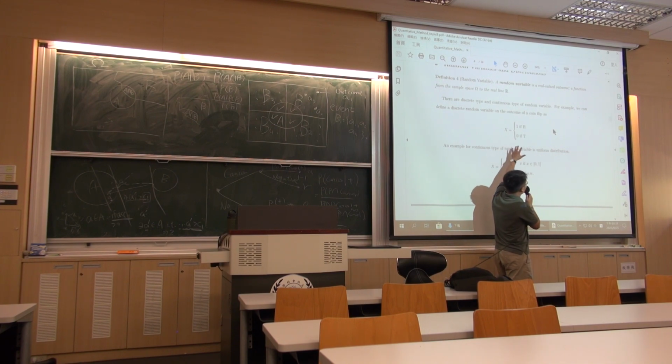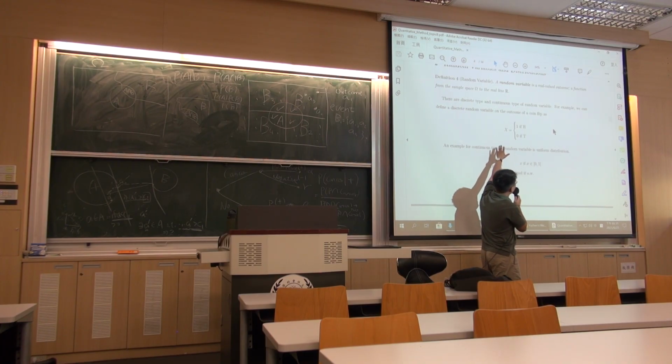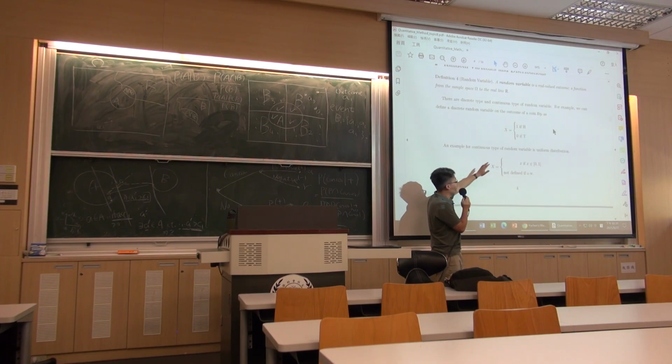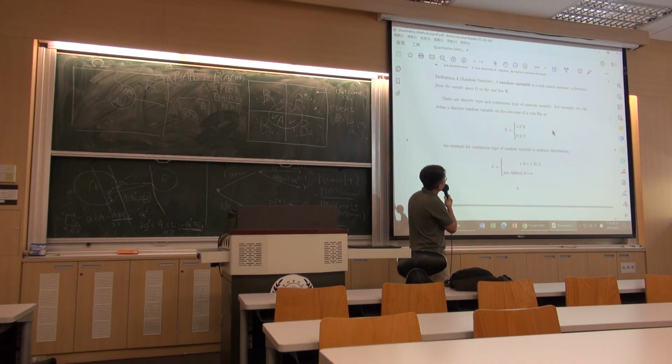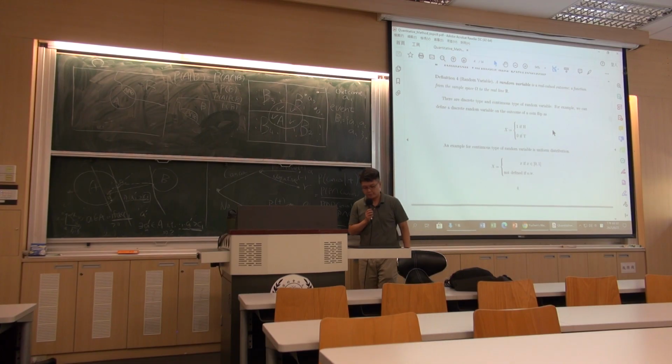Say that if the outcome is h, which is head, then X equals 1. If the outcome is tail, then X equals 0. Of course, this is for the discrete type of random variable.